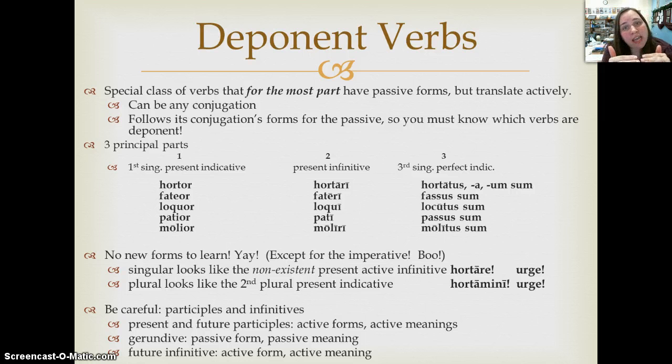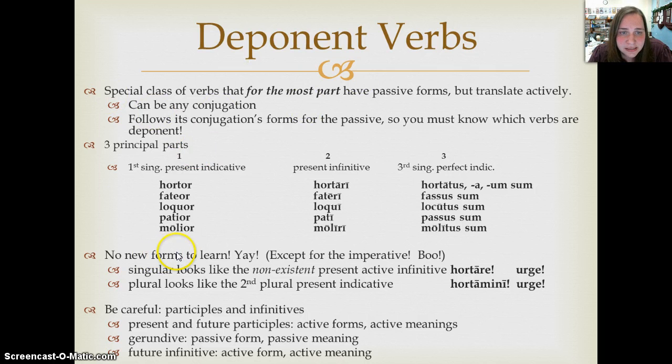And you conjugate these deponent verbs as passives in whatever conjugation they are in. So, for example, hortor, hortari, which means to urge or to encourage, is going to conjugate as a first conjugation passive. Okay, it's going to follow the passive forms for the first conjugation. And then, so that's it. That's why you really don't need to learn very many new forms for this particular chapter.